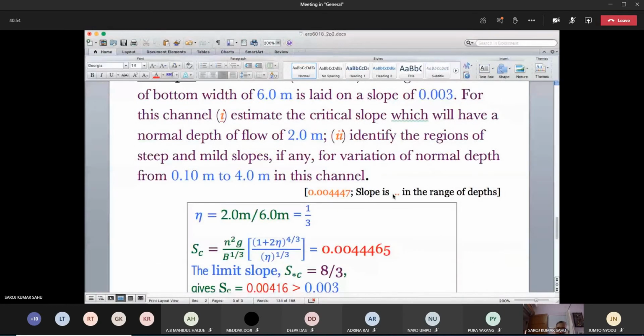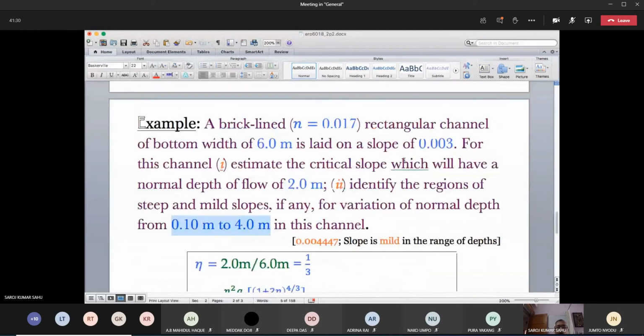The slope is mild in this range of depths. We will not have to use this, because the slope is mild in the complete range of depths. Fine.